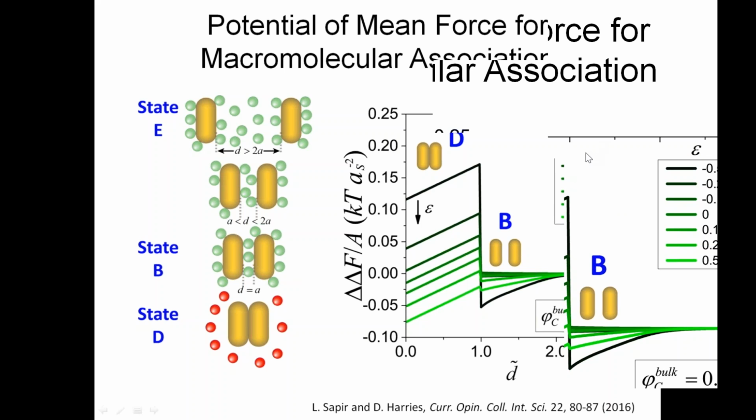When epsilon is very negative, meaning there are strong interactions between the cosolute and the colloid, meaning the cosolute sticks to the colloid, there is a destabilization of the depleted state, but there is a stabilization of the bridge state relative to the fully expanded state.